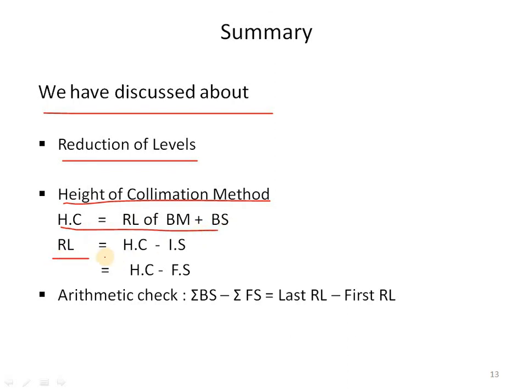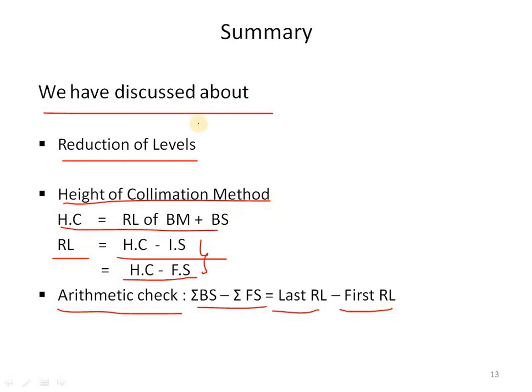To calculate the RL, it is HC minus IS or HC minus FS. This is the main thing we have to remember. It is an easy method, but in some cases we get confused, and because of that confusion we make the answers wrong. And the arithmetic check is sigma BS minus sigma FS, that is last RL minus first RL.